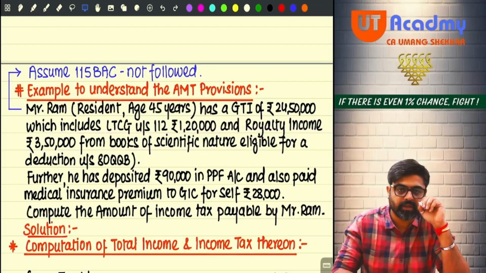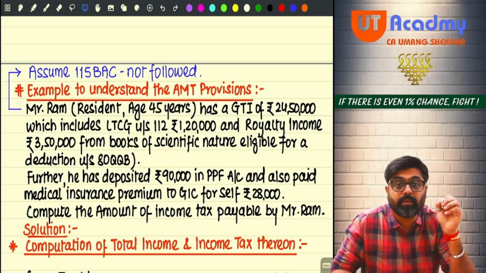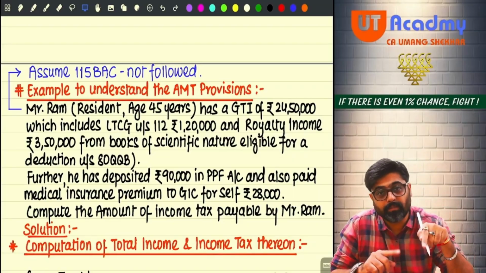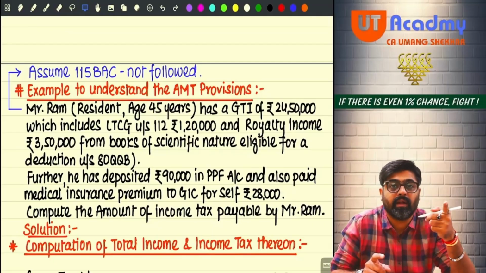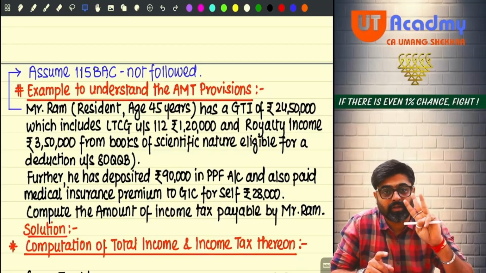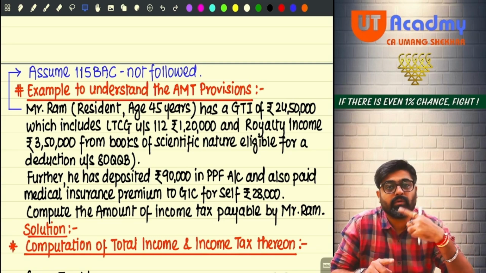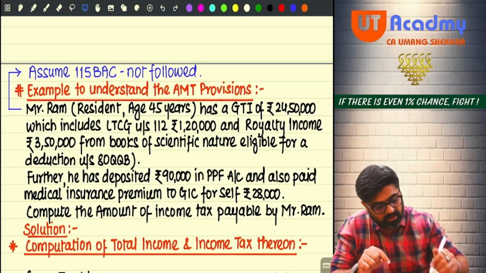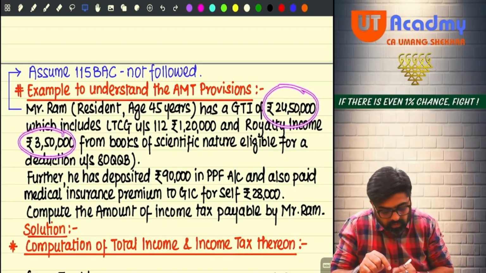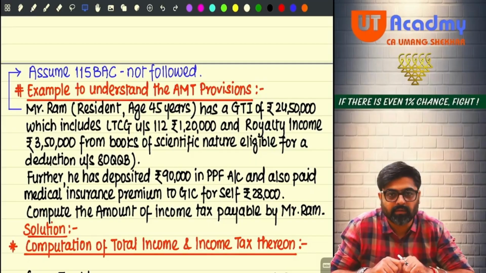Meaning the royalty which he is earning is from eligible books. So he must be an author, resident individual who is an author, writing artistic, literary, scientific books. So whatever royalty he has earned and shown taxable in his GTI. So his GTI includes qualifying royalty.